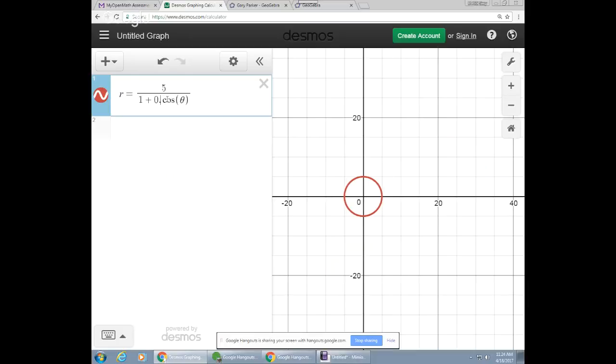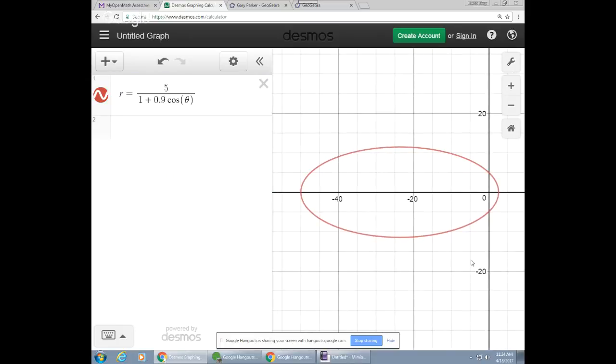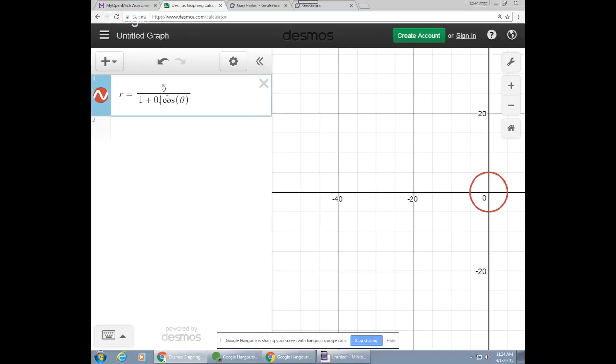If I pick an eccentricity of 0.9, then I get a much more elongated ellipse. So the closer the eccentricity gets to 1, the longer and narrower the ellipse gets. The closer it is to 0, the more circular it is, and the foci are sitting right up next to each other, really tight. All right, so let's play with some problems.